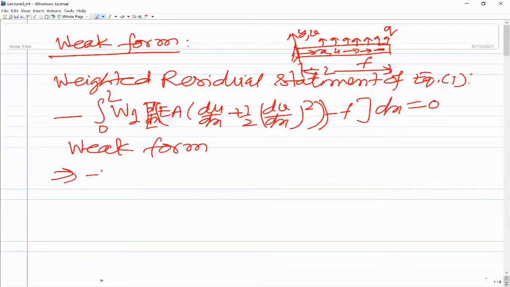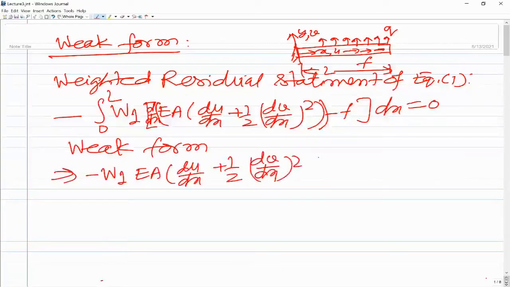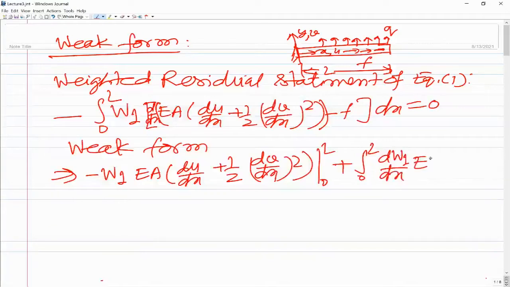So we will have minus w1 and then EA into du by dx plus half of dv by dx whole square, evaluated at 0 and L. Then minus minus plus, the integration from 0 to L of dw1 by dx, and then EA into du by dx plus half of dv by dx whole square dx.